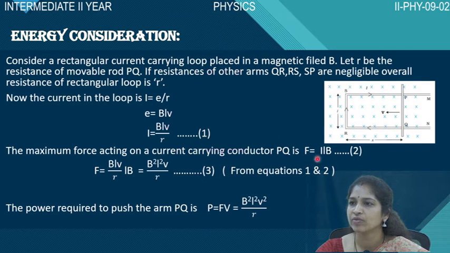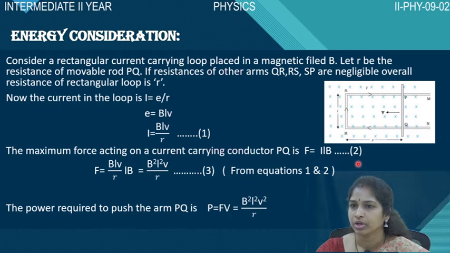If I substitute equation 1, we get F equals, in place of I, BLV by R, into L into B. So F equals, B into B is B square, L into L is L square, V by R. So this is the maximum force that is acting on the current carrying conductor after substituting equation 1 in equation 2.